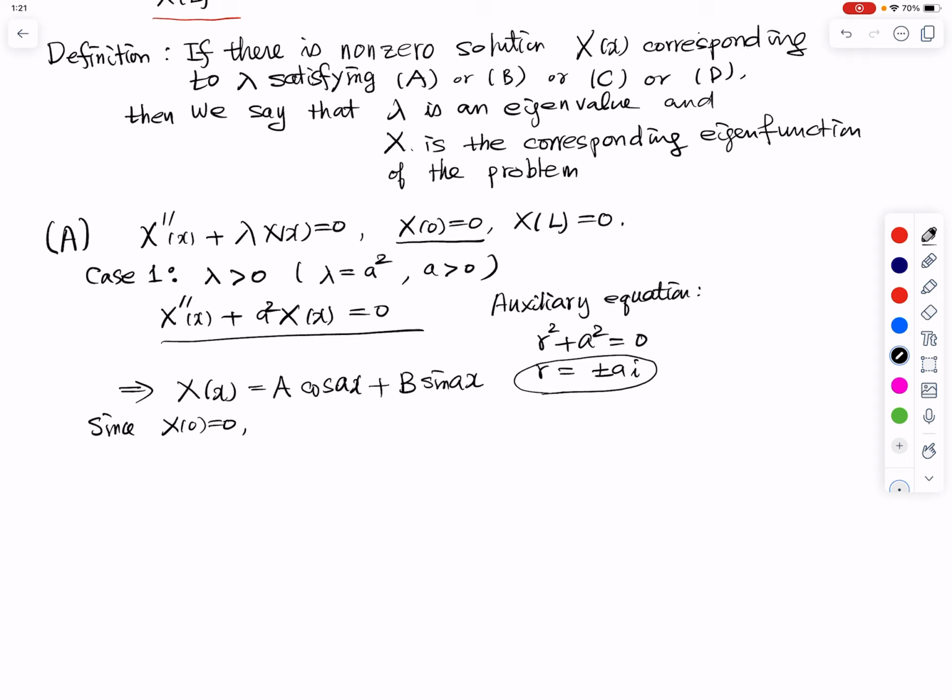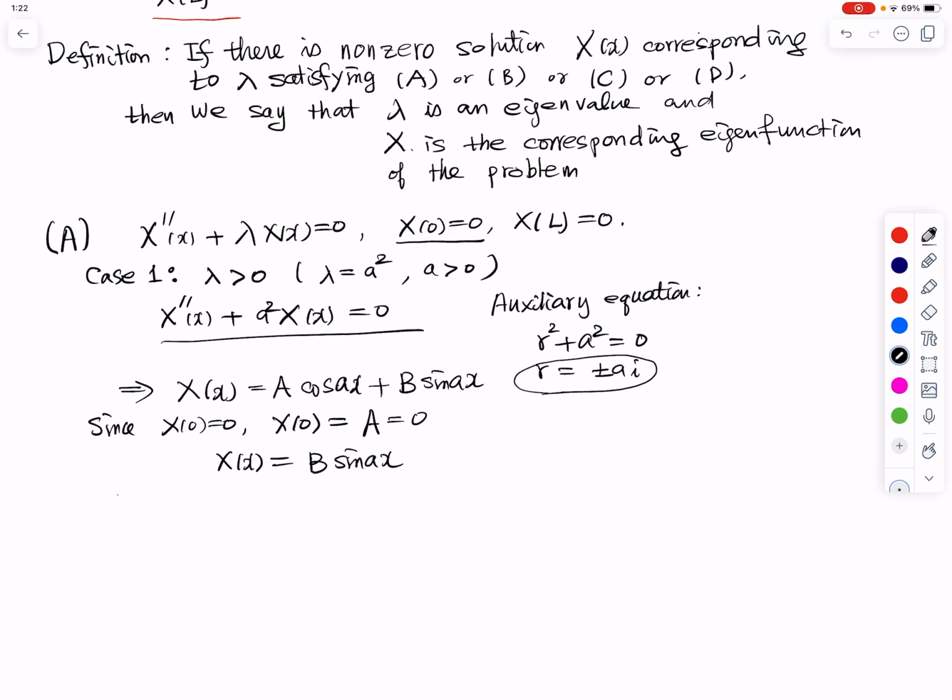Since x(0) equals 0, you plug in here, so x(0) would be a. So a should be 0, and we have b sine ax.